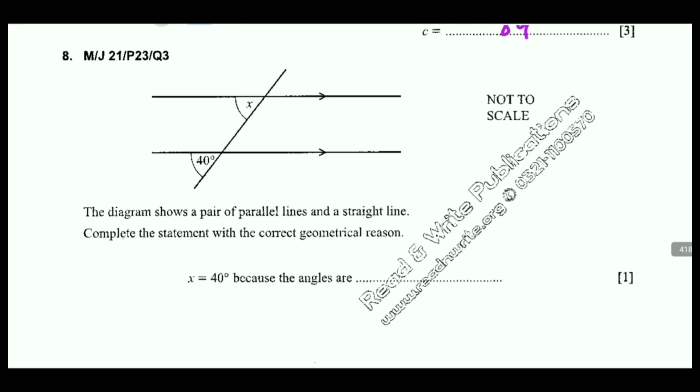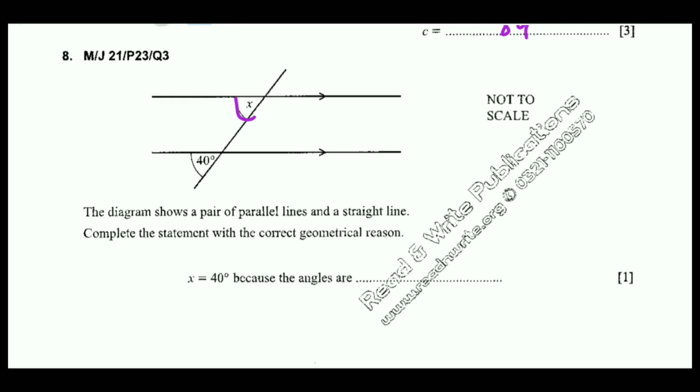The diagram shows a pair of parallel lines and a straight line. Complete the statement with the correct geometrical reason. The question is x is equal to 40 because the angles are dash. Here you have to write the property.